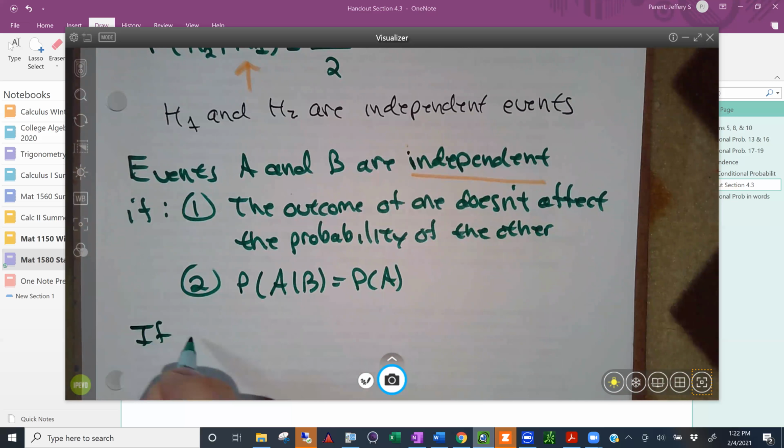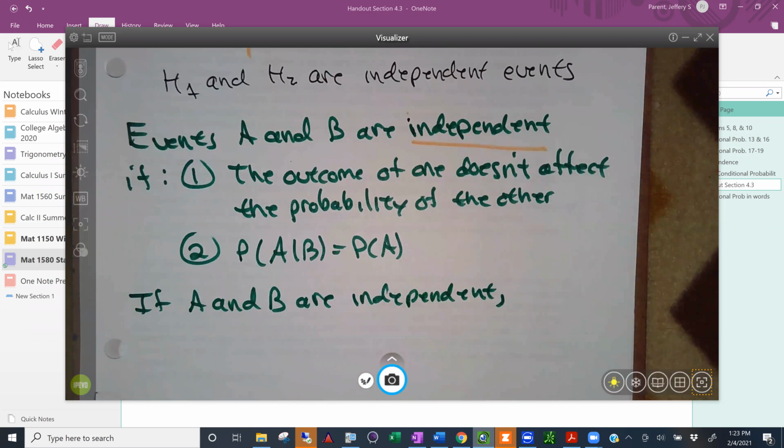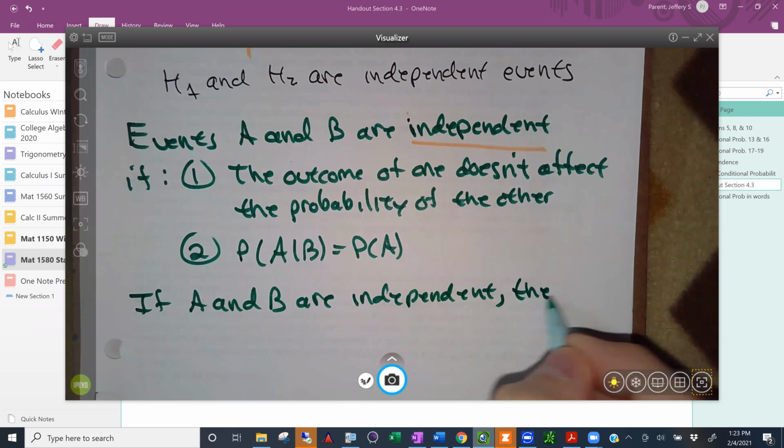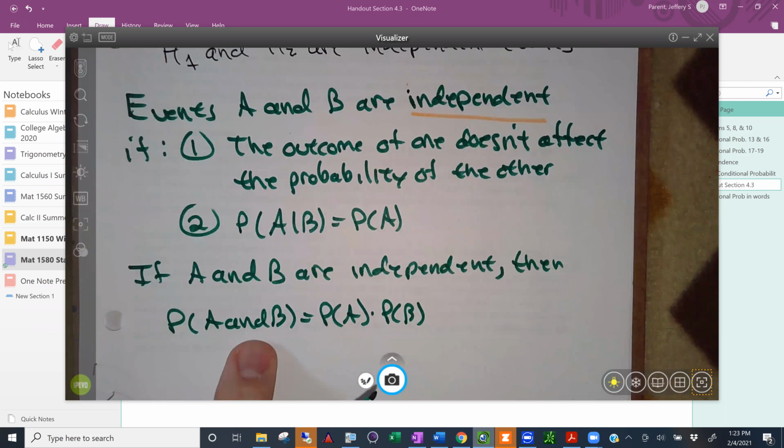If A and B are independent, so that's assuming they're independent, then probability of A and B equals the probability of A times the probability of B. That is, you can just multiply these things to get their probabilities. So, yay. And we'll do an example like that in just a minute.